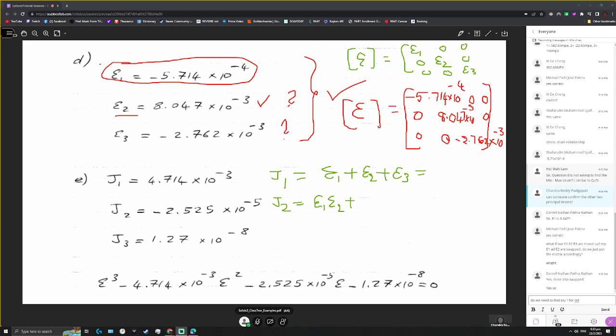If you write generically, the second strain invariant will be epsilon 1 epsilon 2 plus epsilon 2 epsilon 3 plus epsilon 3 epsilon 1.